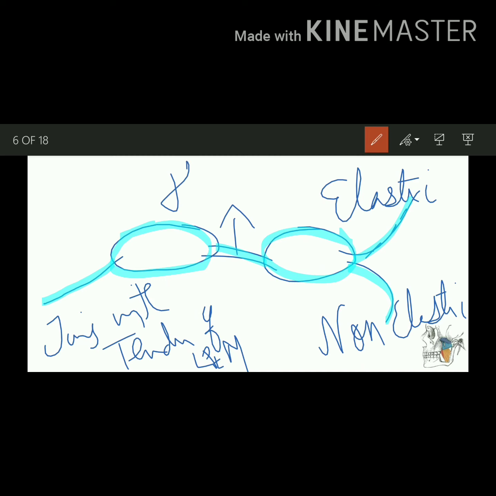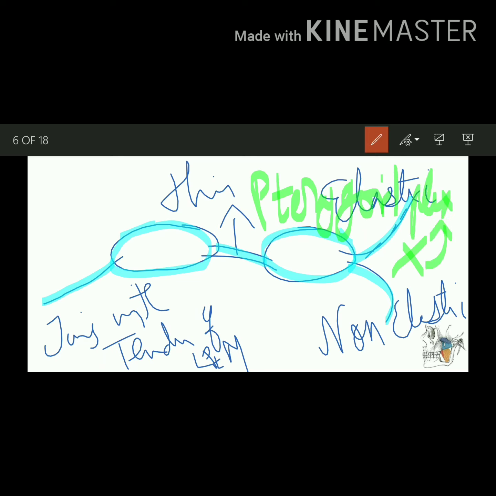This intermediate zone is the thin one, and an important thing to note here is that in this bilaminar zone there is the pterygoid plexus present, and the central part of this cartilaginous disc is avascular. Important.